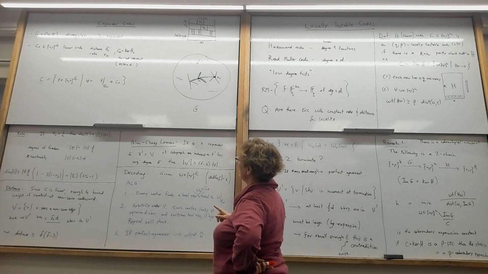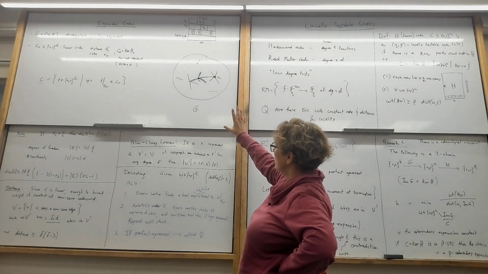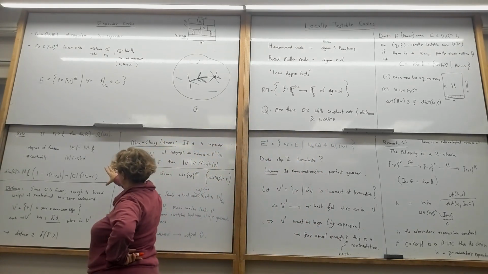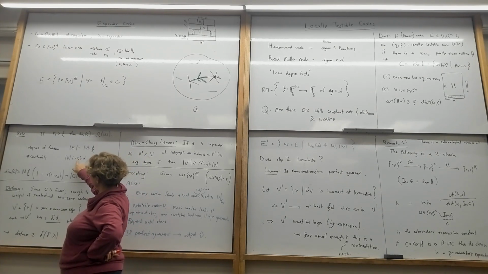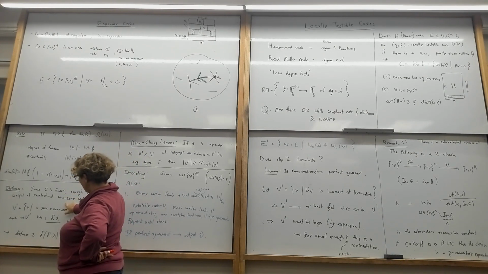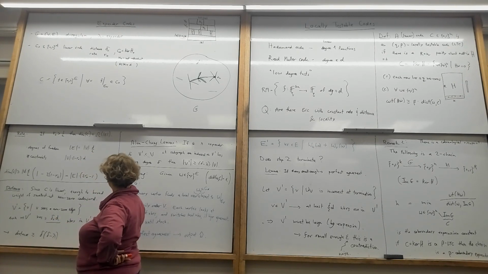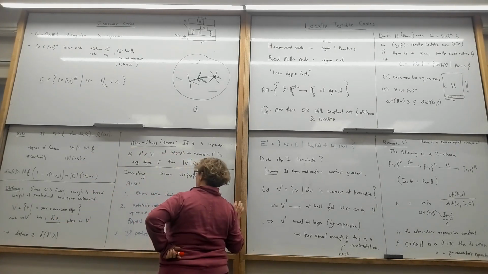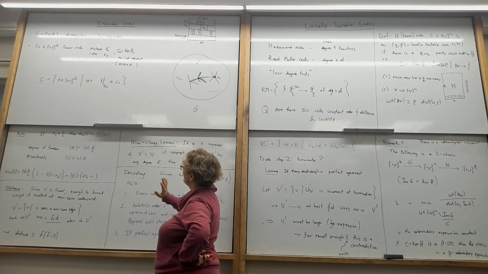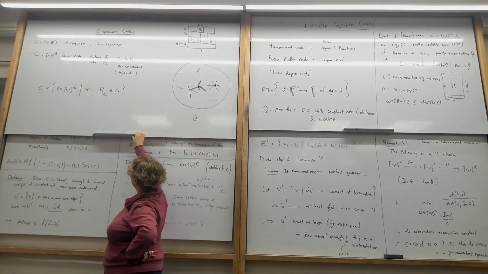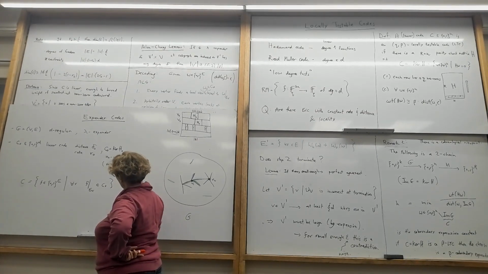Okay, one thing, notice that we talked about expander codes, we made this definition, and then we discussed rate. It was done by counting constraints. Then we discussed distance. It was basically done by using the distance of the local codes. And we did decoding. Nowhere did we use the fact that all the local codes were the same.